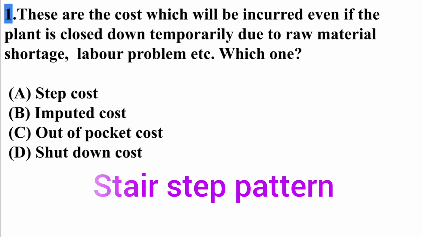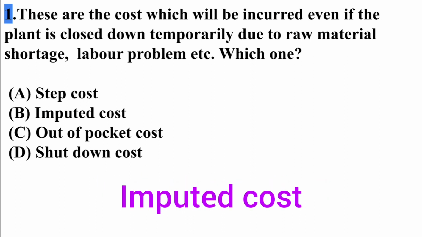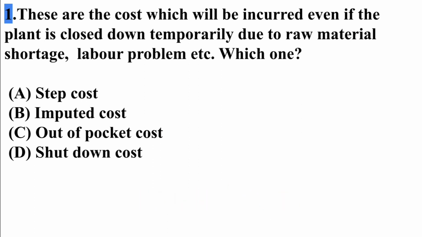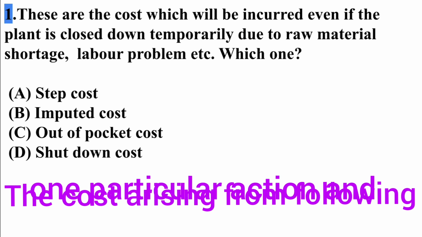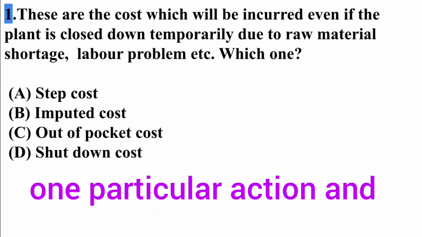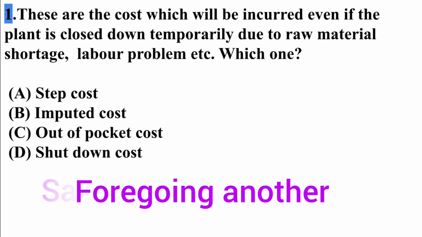And the next one is imputed cost. Imputed cost means the cost incurred when using an asset as opposed to investing it, or the cost arising from following one particular action and foregoing another one. It is the same as the concept of opportunity cost in economics. Actually, these are hidden costs, and these are not explicit costs.